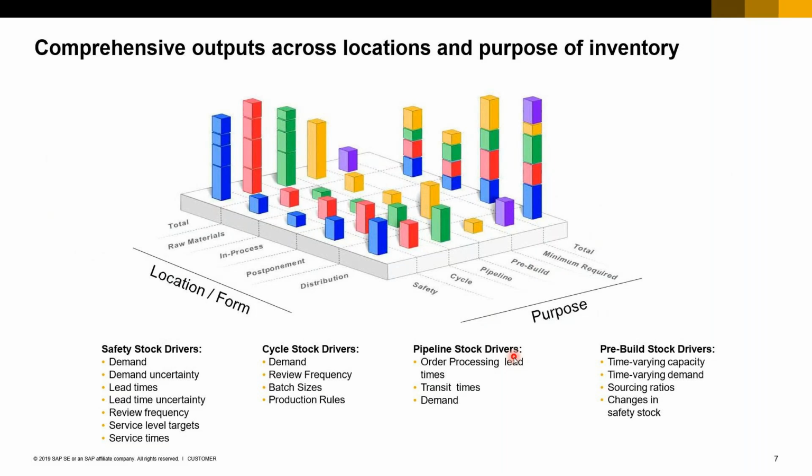When we talk about inventory optimization, there are several drivers which are driving this safety stock. For example, we have a demand forecast, right? We have seen that the output of the demand is getting copied into the IO demand forecast.